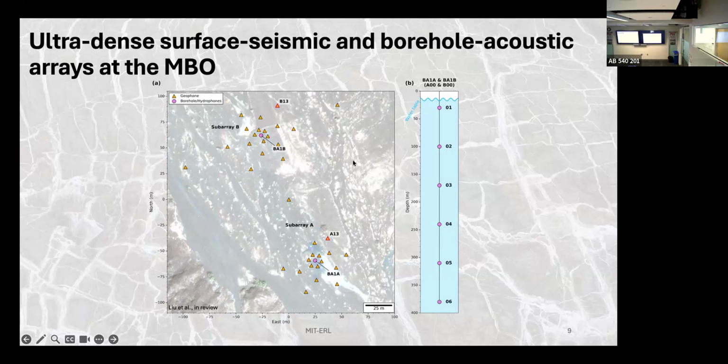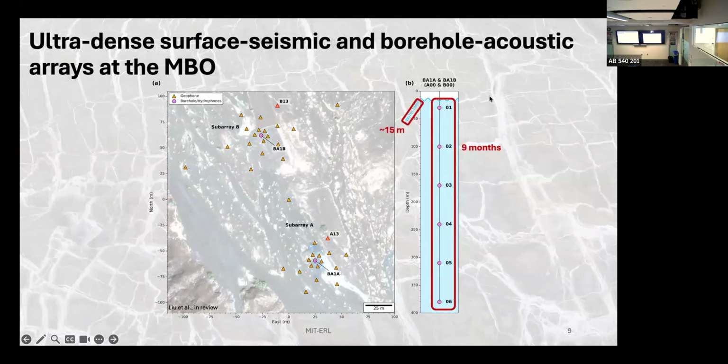What Rob and his colleagues did was that they first deployed the hydrophones into the 2 boreholes, which were active for 9 months. The hydrophones had a spacing of 70 meters, and the shallowest one is at 30 meters. And the water table at the site is at about 15 meters, although it varies over time.